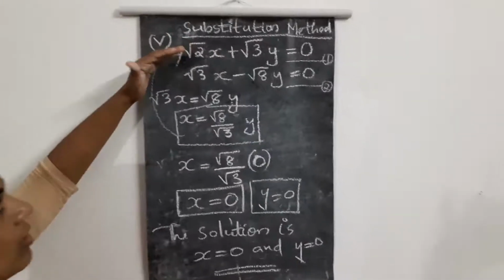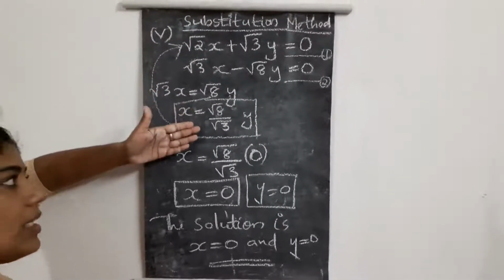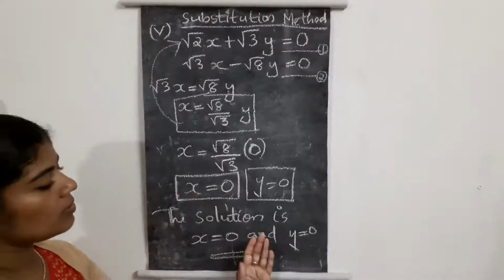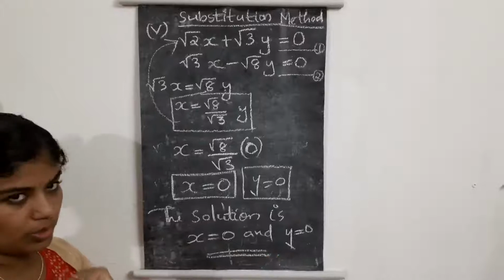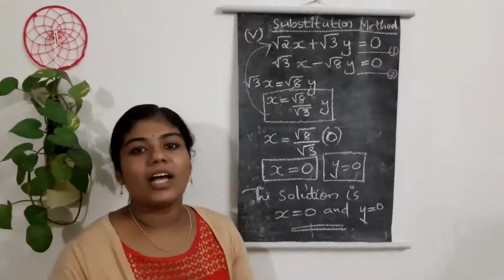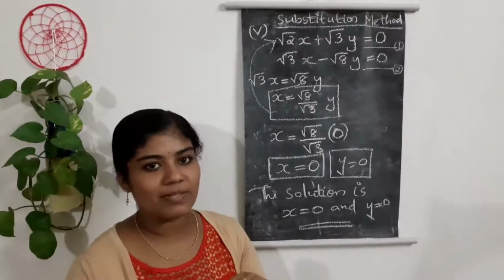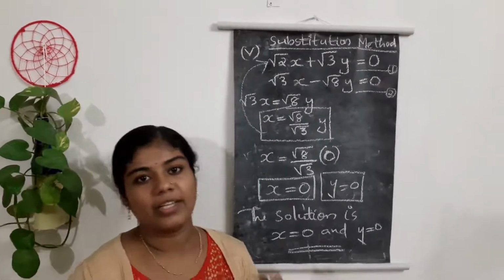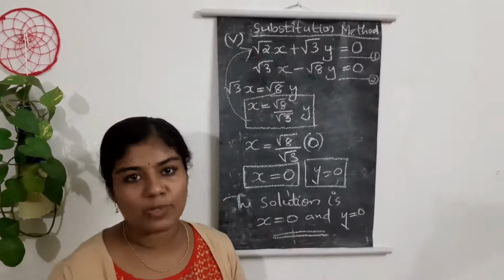That y value we applied again in x equal to root 8 by root 3y, and we got x equal to 0. Now we got the solution, x equal to 0, y equal to 0. Using this we completed 2 exercises, in exercise 3.3, the first and the fifth options.